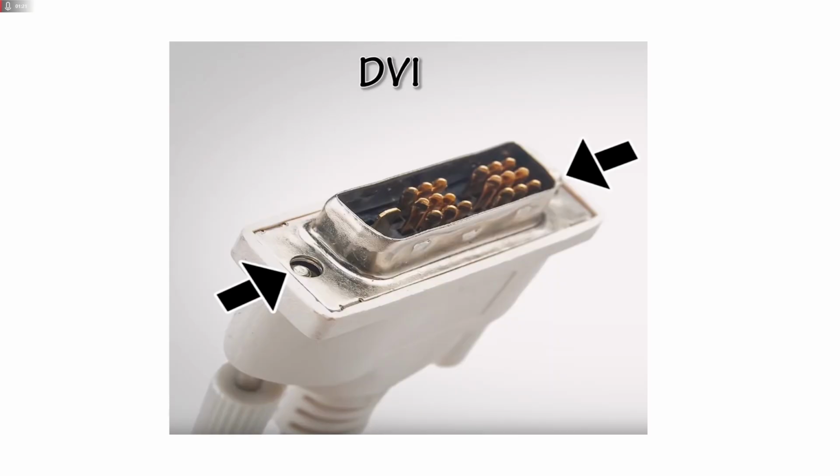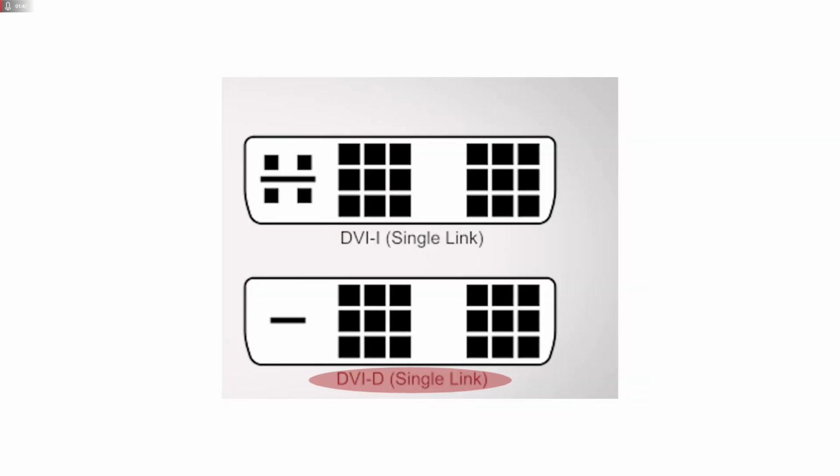Up next is DVI. DVI is vastly superior to VGA. The cable locks with screws just like VGA, but the connection is physically larger, and the biggest advantage of DVI is its versatility. On the source video side, DVI exists in a number of varieties, DVI-D and DVI-I.